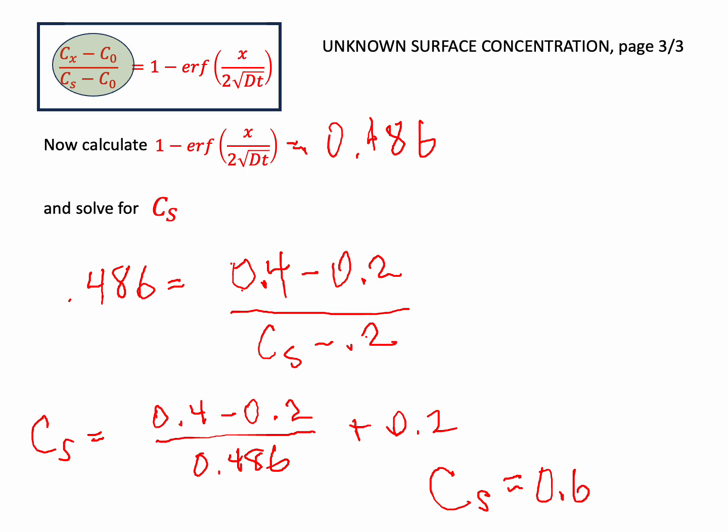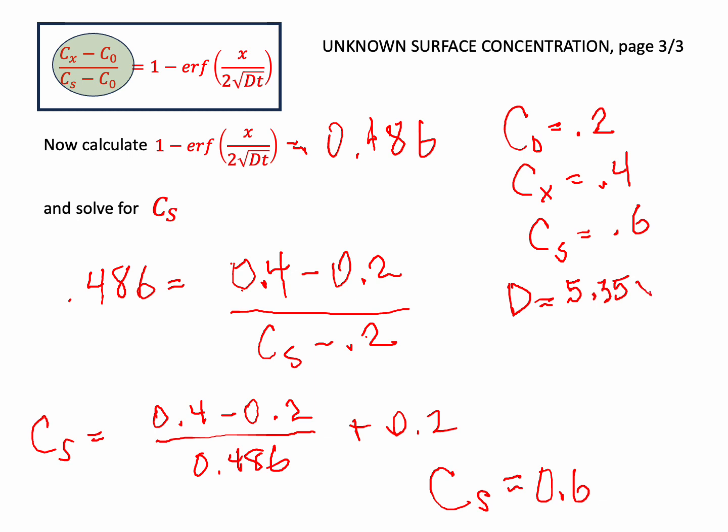All right, so we had values. We had C0 of 0.2. We had Cx of 0.4. We had Cs of 0.6. We had D of 5.35 times 10 to the negative 11.